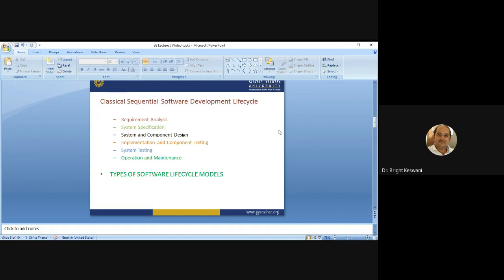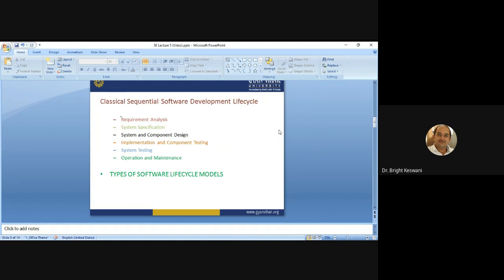So each program is called a unit or component, and unit testing is the verification that every unit meets its specification. The goal of this phase is to transform the products of the design phase into a form that is executable on a computer.